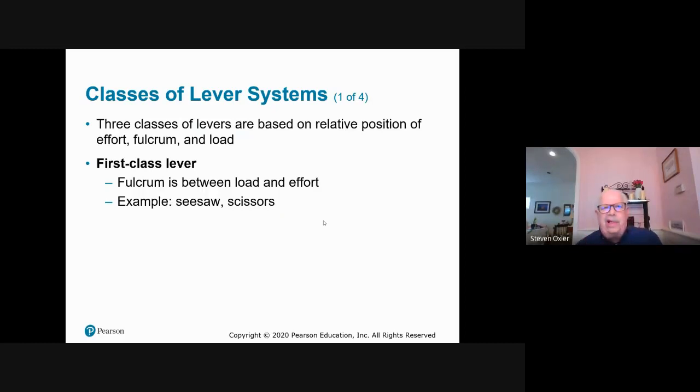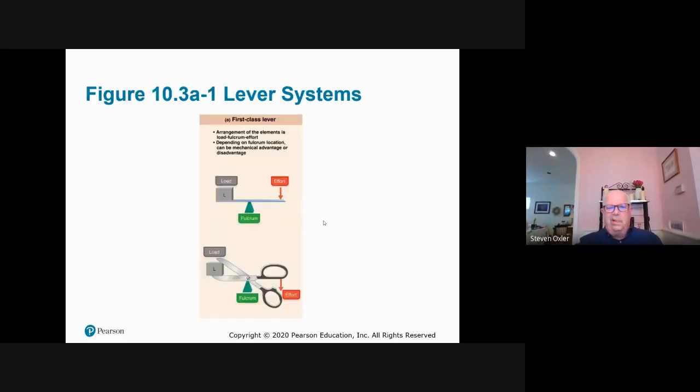There are three classes of levers based on the position of the effort, the fulcrum, and the load. In the first class lever, the fulcrum is between the load and the effort. An example of that is a seesaw or a pair of scissors. Here's the fulcrum. The load and the effort are on either side, just like a pair of scissors.